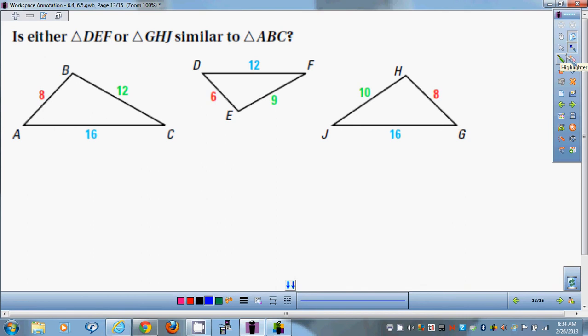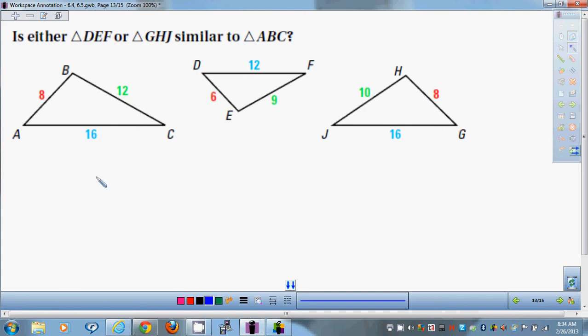No? Okay. Starla, what's the smallest side on this one? Smallest side. Just give me the number. There you go. What's the smallest side on this one? 6. We're looking to see if these 2 are similar.